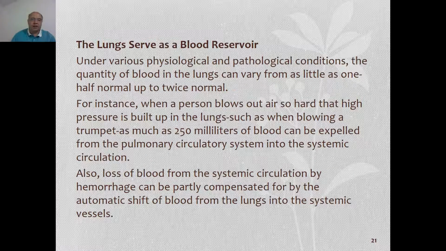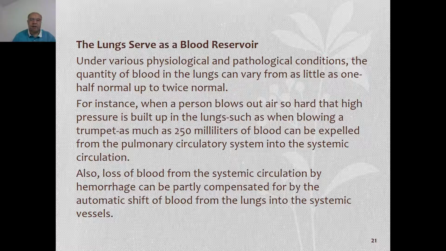The lungs serve as a blood reservoir. Under various physiological and pathological conditions, the quantity of blood in the lungs can vary from as little as one half normal up to twice normal.